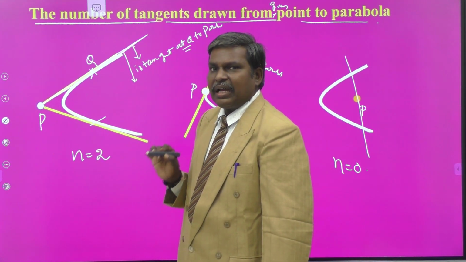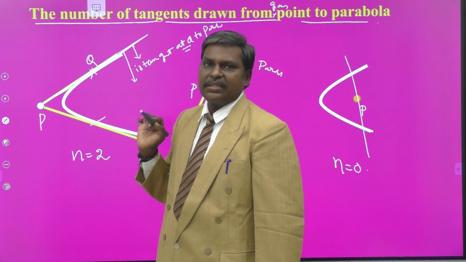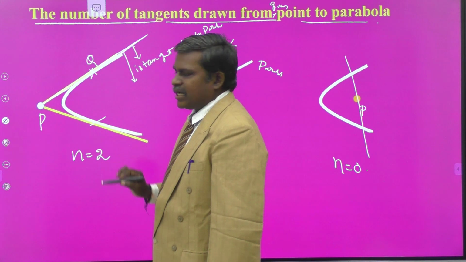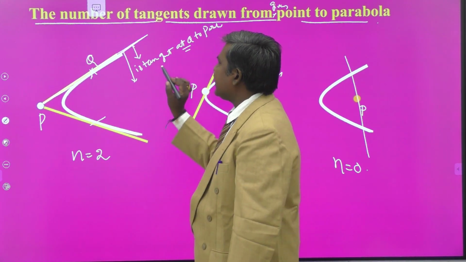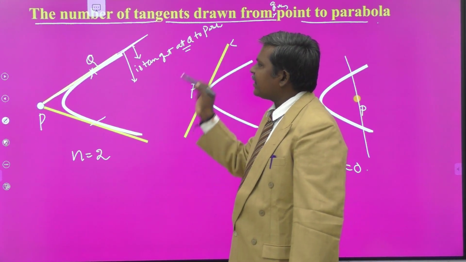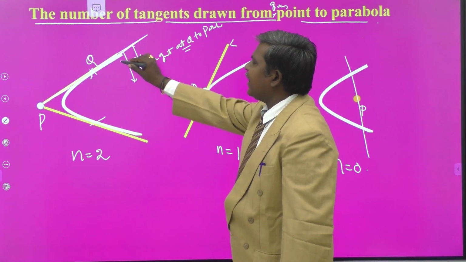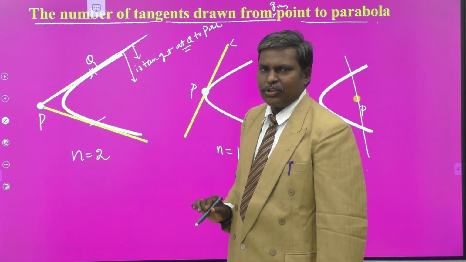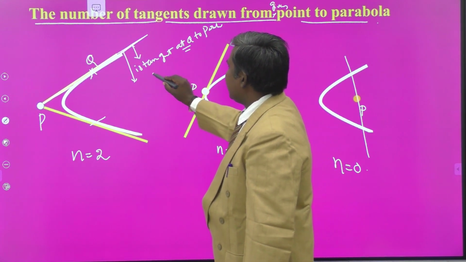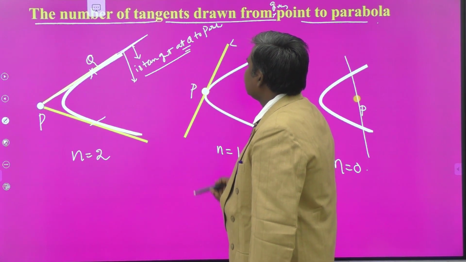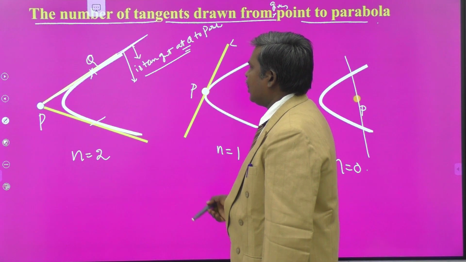In this case, we said that the tangent at the point is also tangent through the point at Q. I agree with you. But in the sense, we said that the tangent at Q to this parabola.